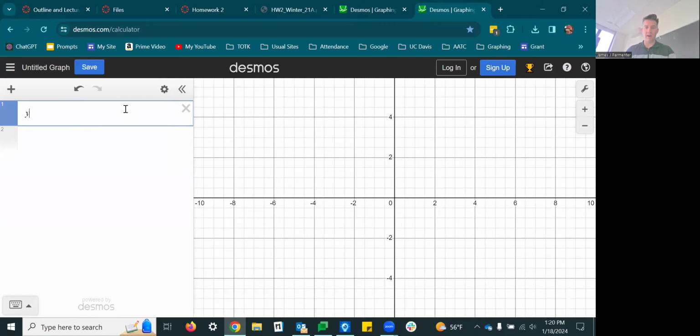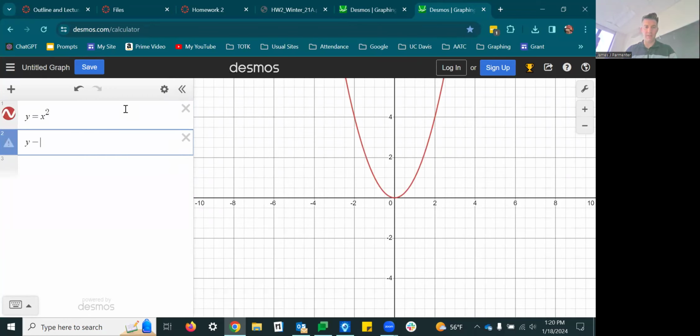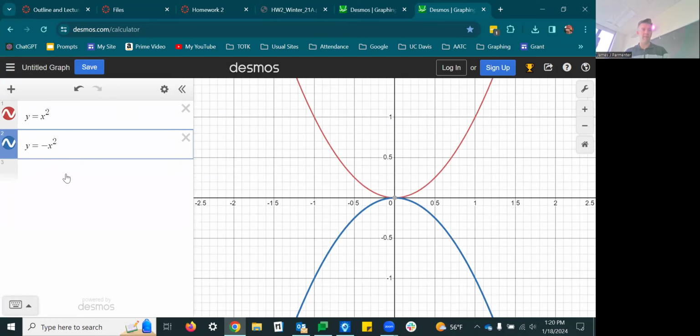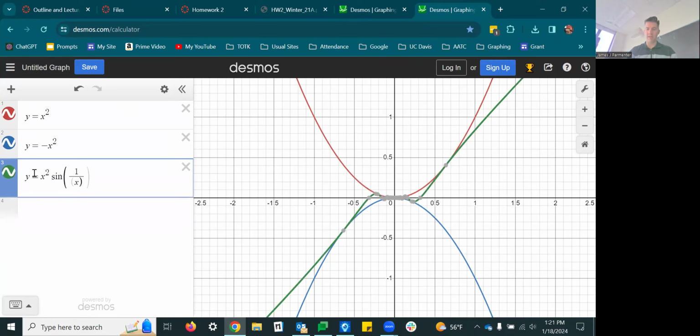If we look at the graph of y equals x squared and the graph of y equals negative x squared, we can see that if something was between them, it's going to get smushed to 0 as we get closer and closer to 0. And if we actually graph y equal to x squared times sine of 1 over x, we can see that the green function is always between the red function and the blue function.